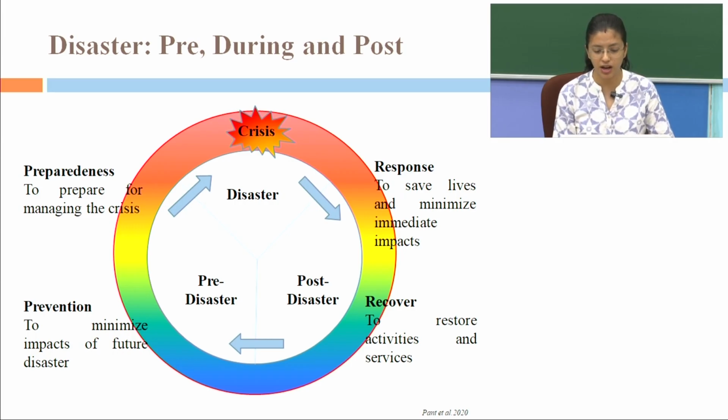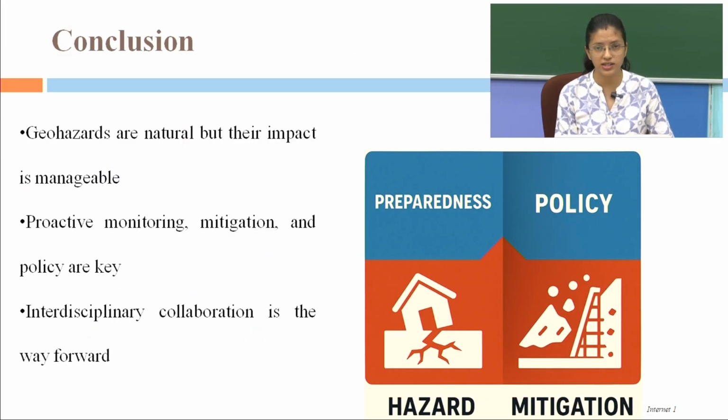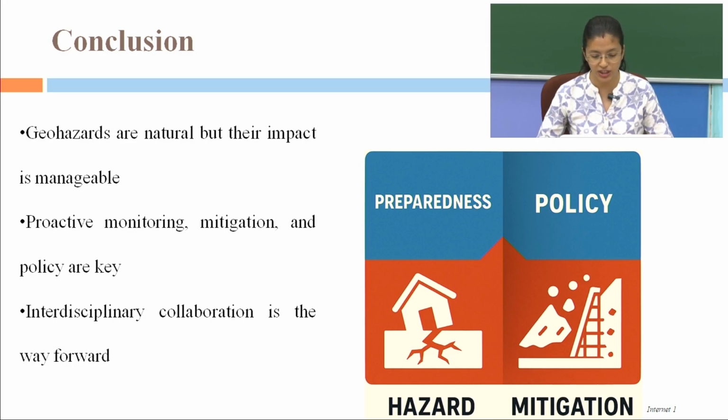Post-disaster involves recovery, reconstruction, and mitigation, that is to restore activities and services and also to minimize impact for future disasters. In conclusion, geohazards are a part of the natural world, but with proactive monitoring, planning, robust technology, public education, and interdisciplinary collaboration, we can mitigate their impact significantly.